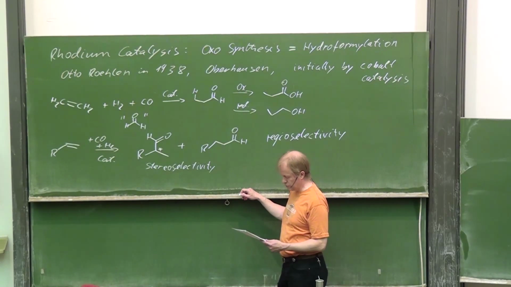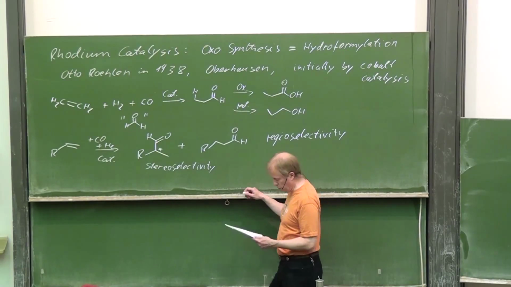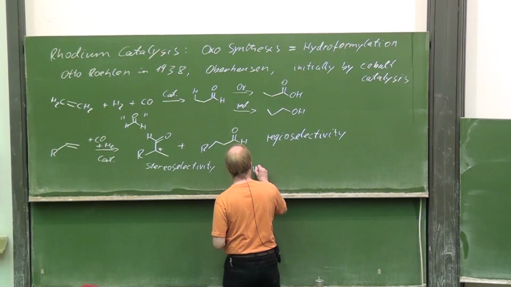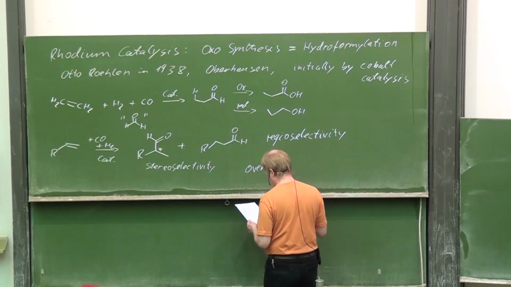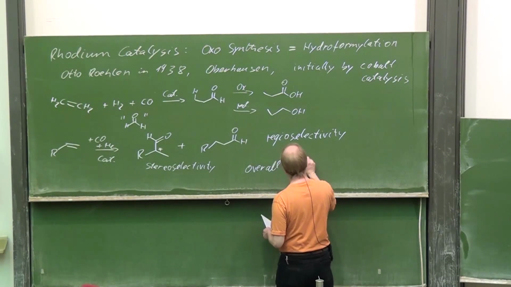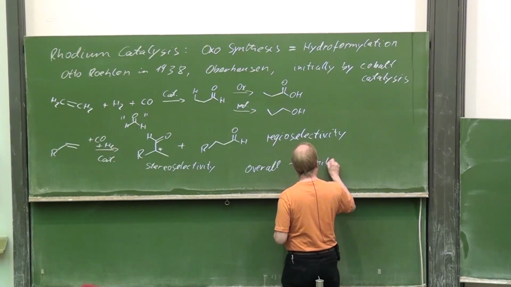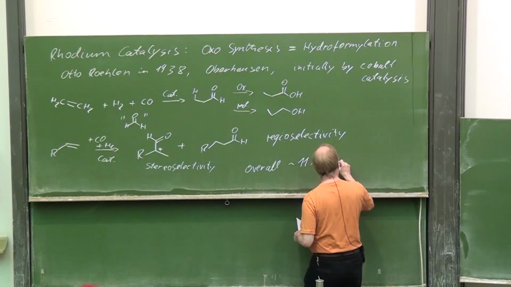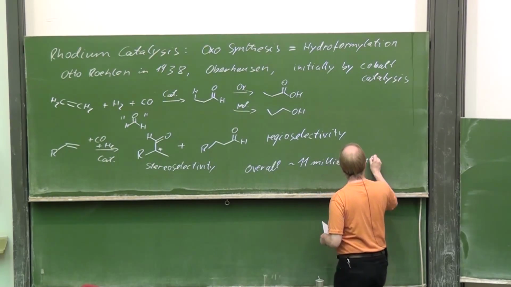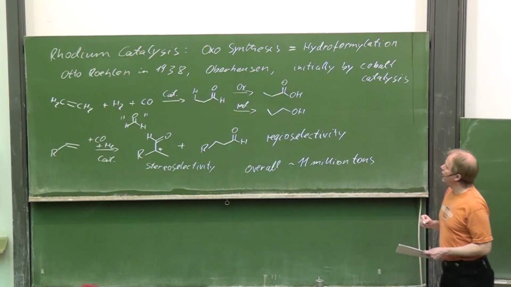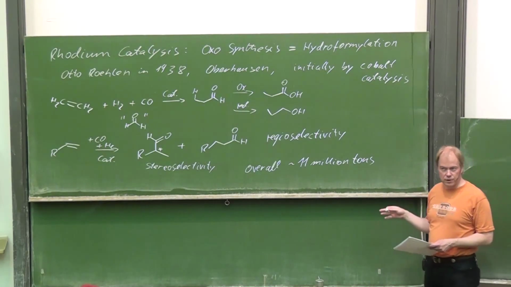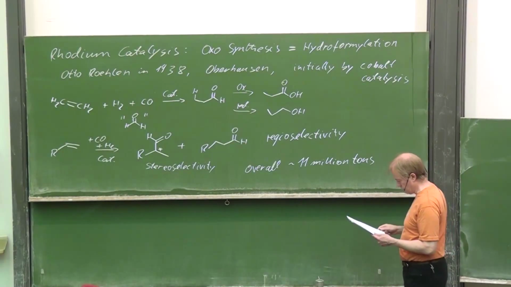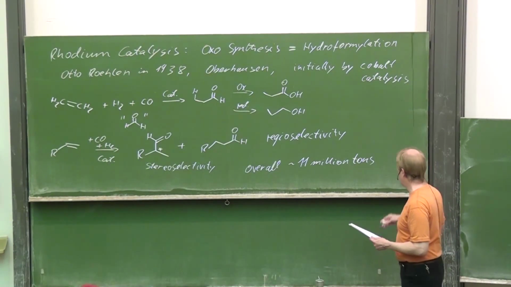We will see examples for that. So overall, in industrial synthesis, about 1 million tons of hydroformylation products are synthesized by the oxosynthesis a year.